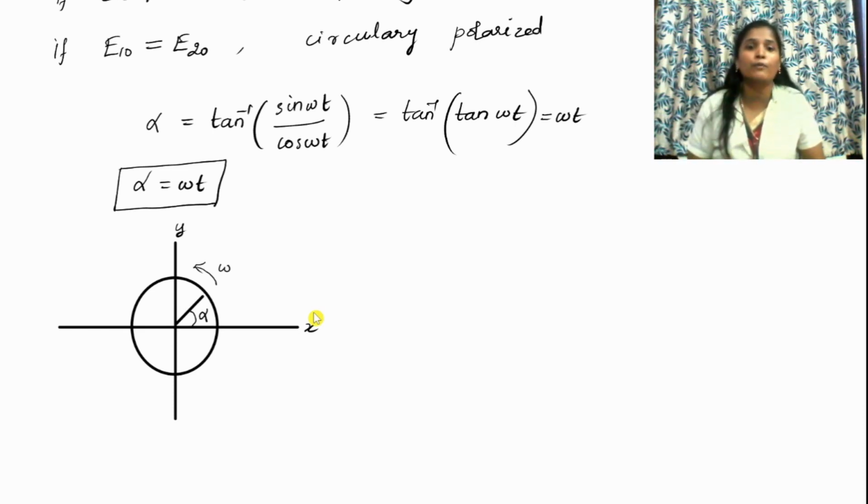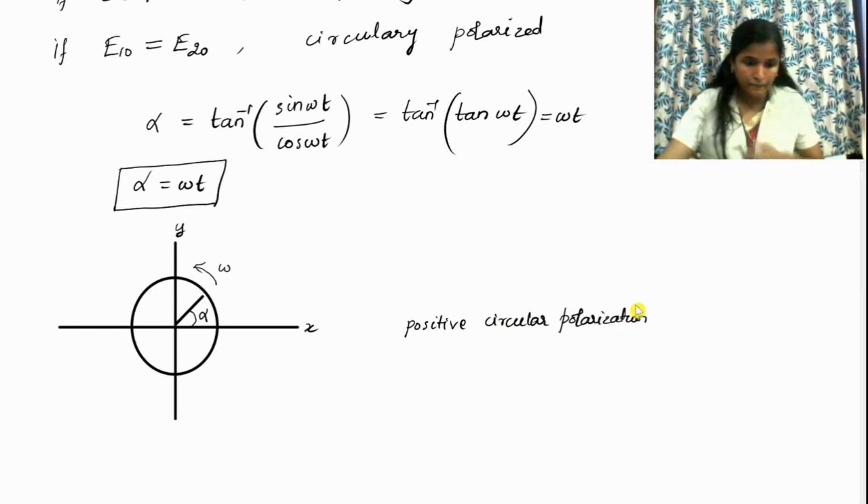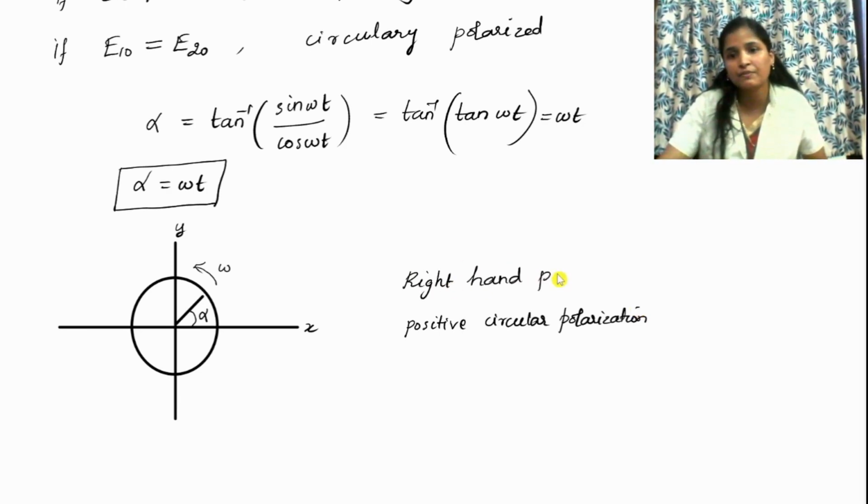So this wave polarization is known as positive circular polarization, or otherwise called right hand polarization.